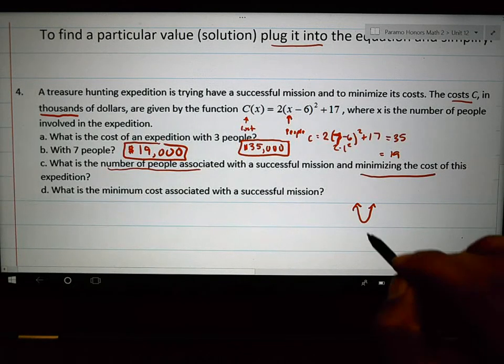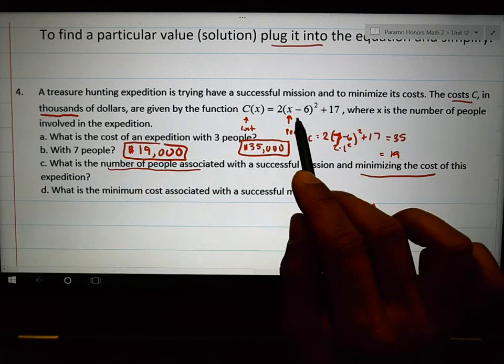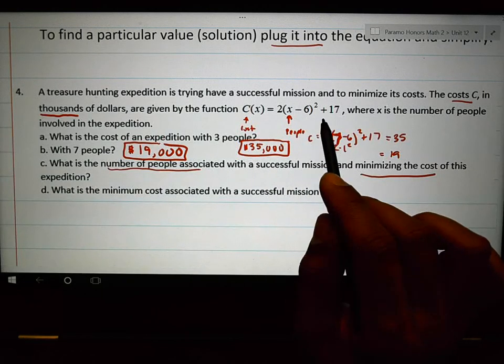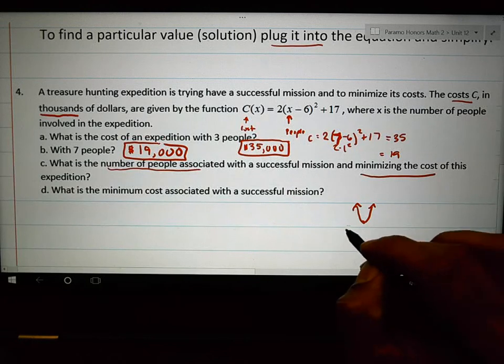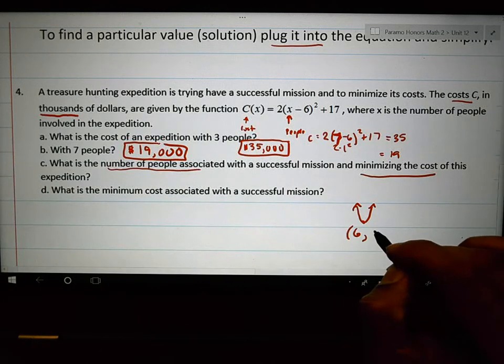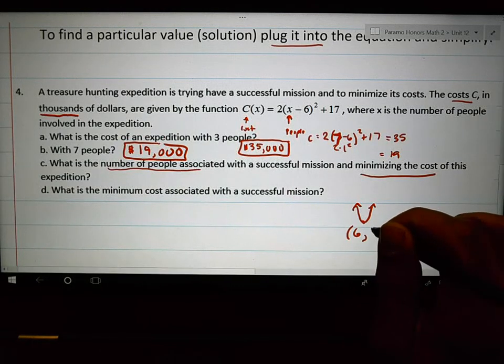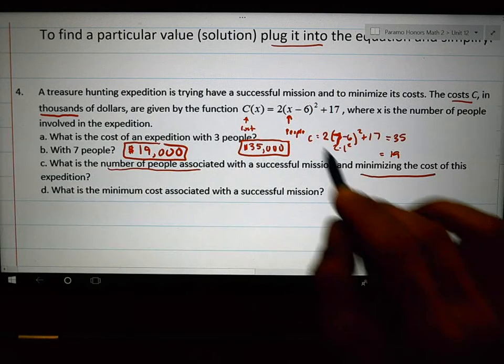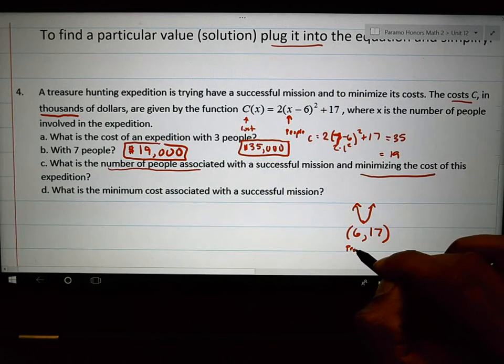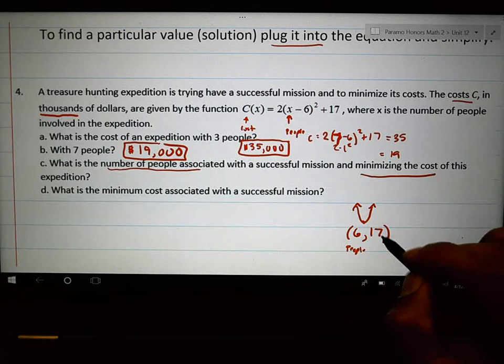And so because I can find the vertex, do you remember doing opposite same? What is the vertex at, by the way? I believe it's at 6, 17. What is this measuring? This is measuring people, because this is your X. This is measuring cost.